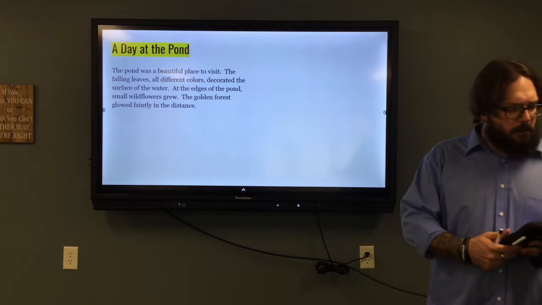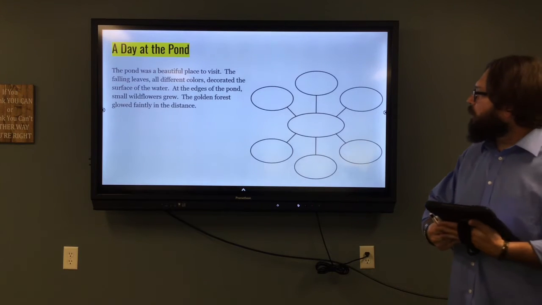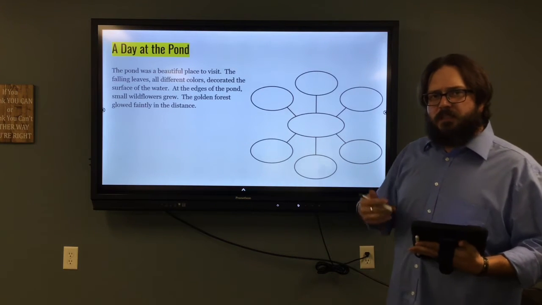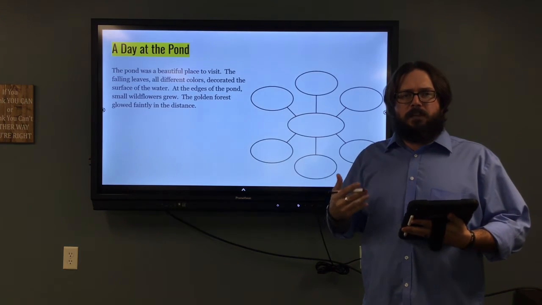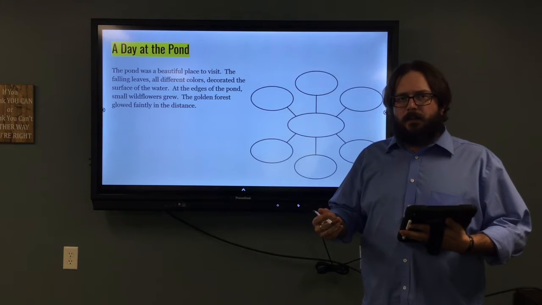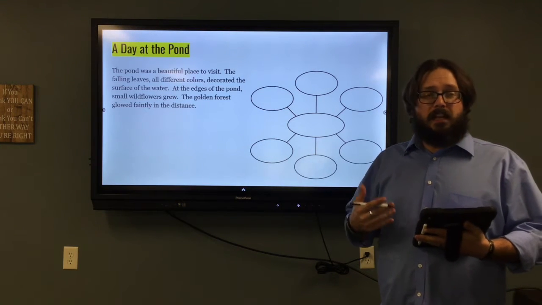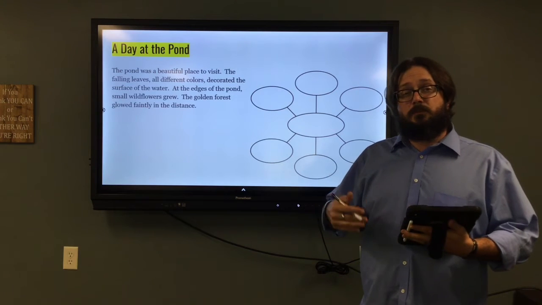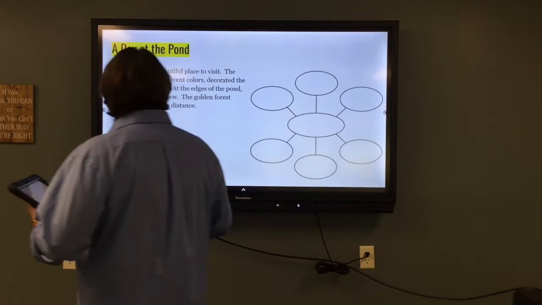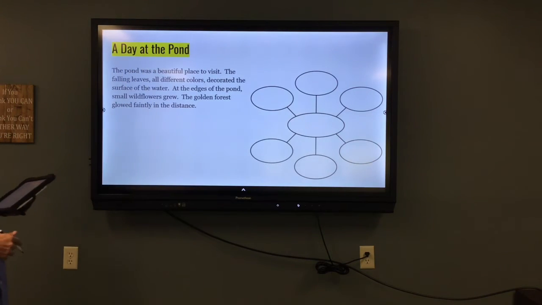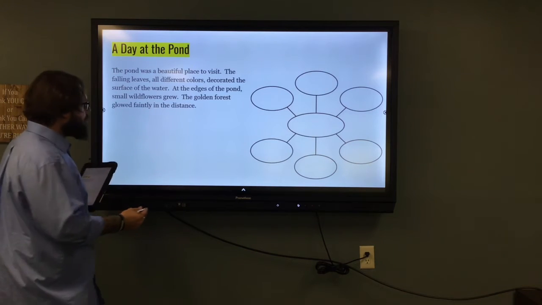In this example, we are going to use a web to help us determine what details the author is presenting to us to reinforce the topic. So what we're going to be doing is very similar to finding the main idea of the text and the details used to support that idea. In this case, we need to think about what this passage is actually about.